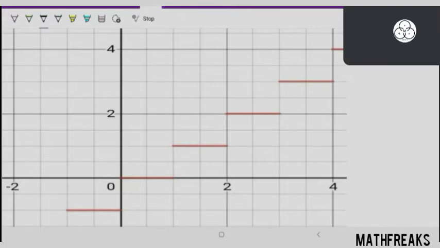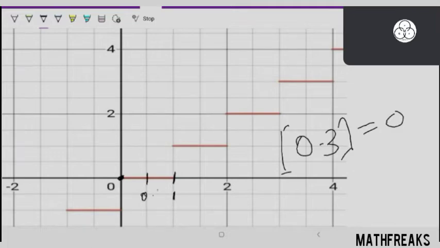Say when we put the value of x, this is 1. When the value of x is say 0.3, the greatest integer less than 0.3 is 0. So we can see that in the graph, any value less than 1 we are getting a value of 0 only. Say 0.5 here, this is also 0. 0.8, this is also 0.